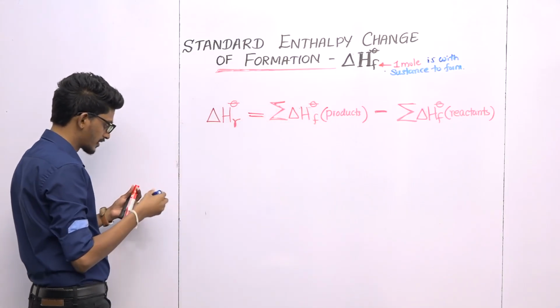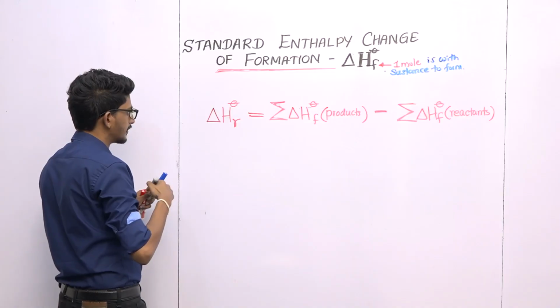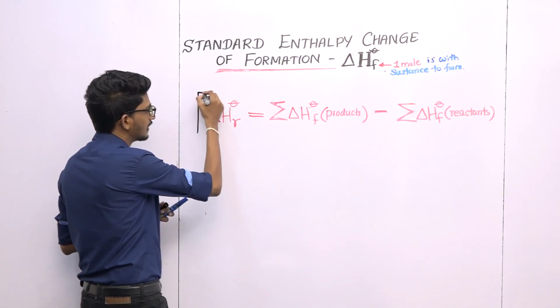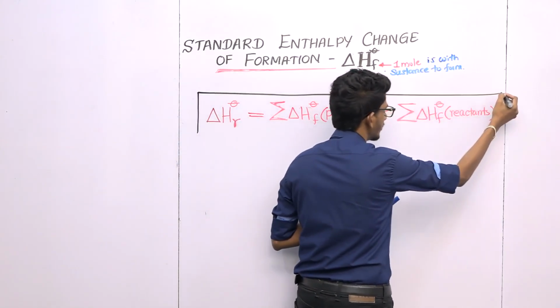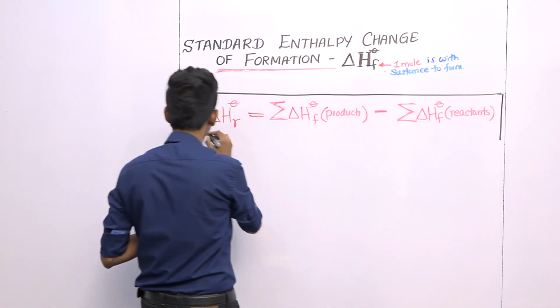This will give you the delta H naught R of any given reaction.